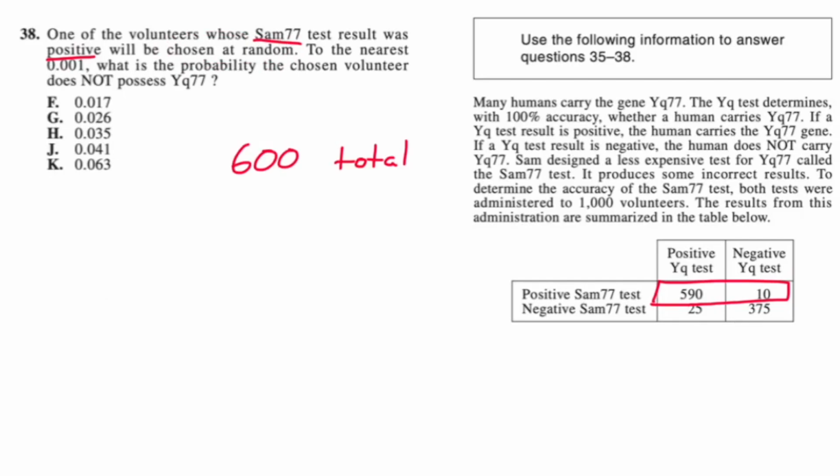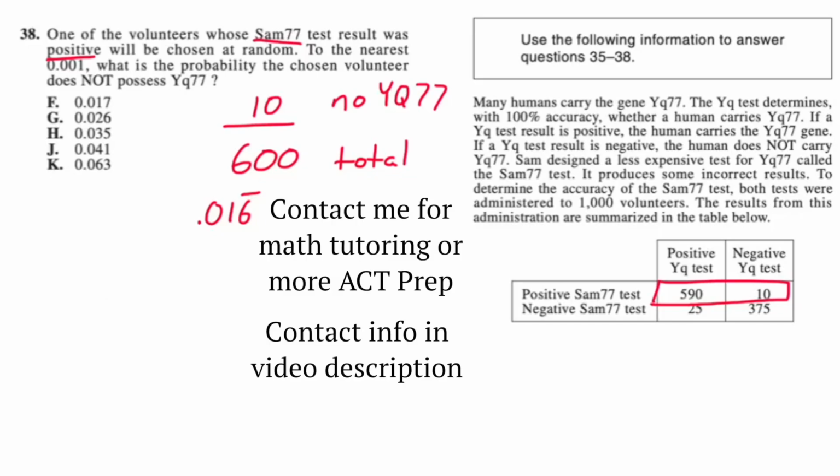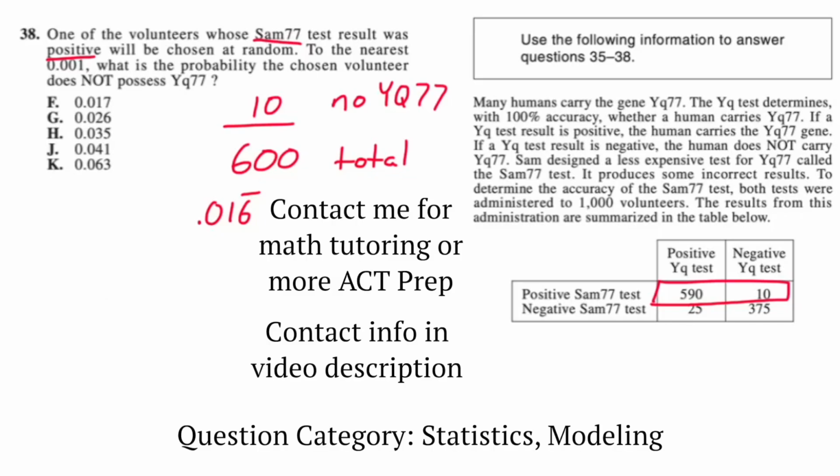But even though they got positive on the SAM-77 test, there's a possibility that they got the wrong test result. And that's these 10 people here. So we have 10 out of 600 people that got a wrong test result. And if you type 10 divided by 600 into a calculator, you get 0.016 repeating, which rounds to 0.017, so F.